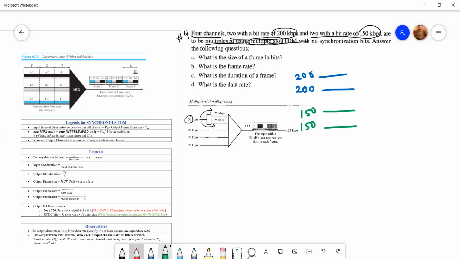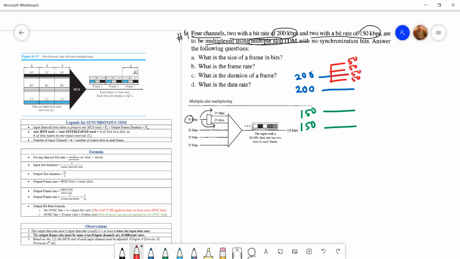Now we're going to split them into some demultiplex units of 50. From a 200, if we split by an interval of 50, we would make 4, right? So 1, 2, 3, 4. So that will be 50, 50, 50, 50.